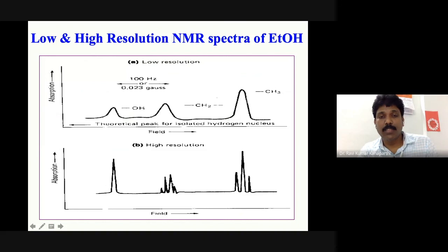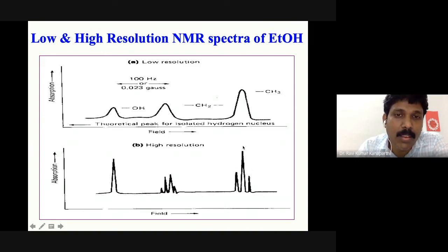For example, if you see here, this signal is actually a combination of 4. There are 4 small tiny peaks, which means there is a splitting of this signal, which was absent in the low resolution NMR spectrum. Here also the same thing: there are 3 different fine peaks, whereas that information is missing in the low resolution one.